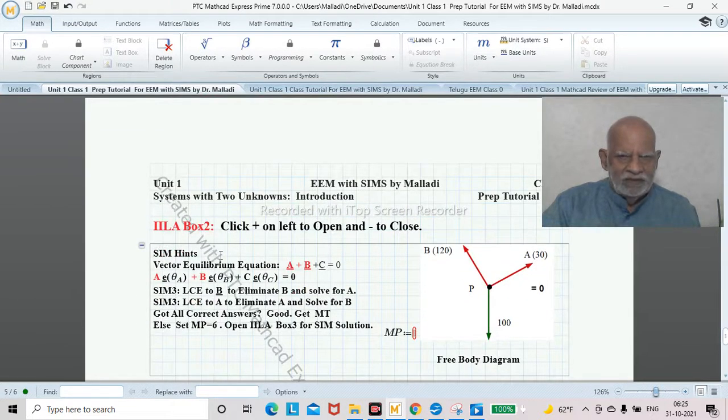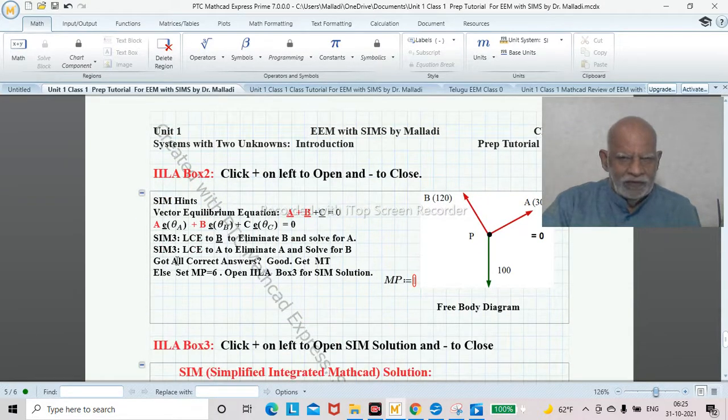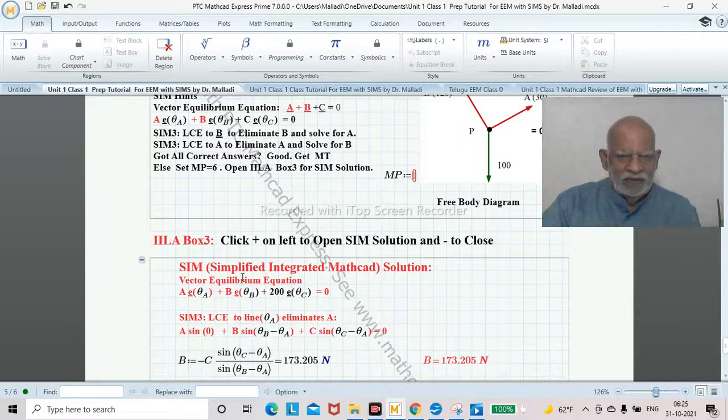It's called sim hints. It will give a diagram, and it puts the angles, etc., and it gives the equation also. You have to transfer this to this side to solve, and so it will take another 2 points. Even then, suppose you don't get the answer, then it will remove another 2 points and you are set to 6. Then it will lead you to box number 3.